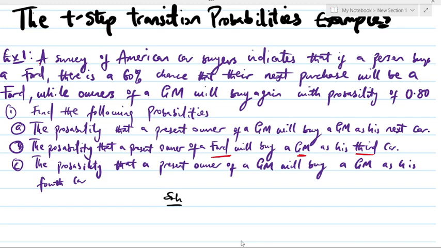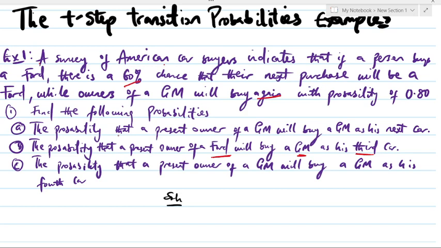So we have two examples. For the first example, we have a survey of American car buyers. It indicated that if a person buys a Ford, there's a 60% chance that their next purchase will be a Ford, while owners of a GM will buy a GM again with probability of 0.80.